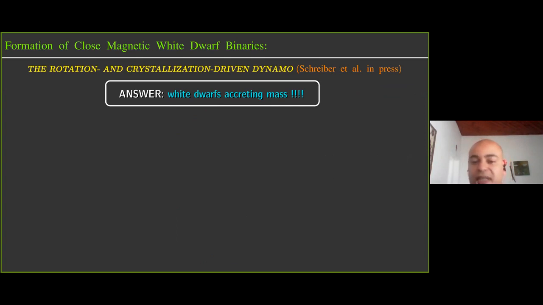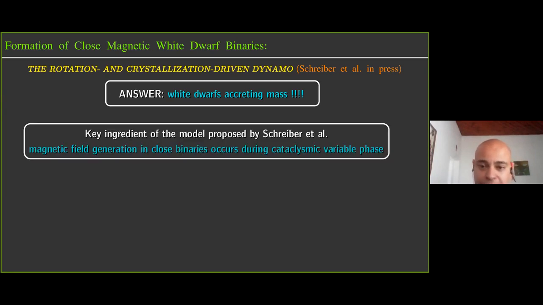So the white dwarf can spin up. And this is the key ingredient of this model we developed. It's nicely described in a paper recently accepted for publication led by Matthias and me. And this implies that in close binaries, we have the magnetic field generation during the CV phase.